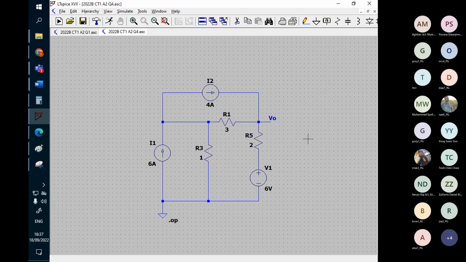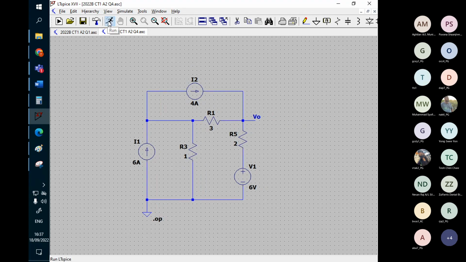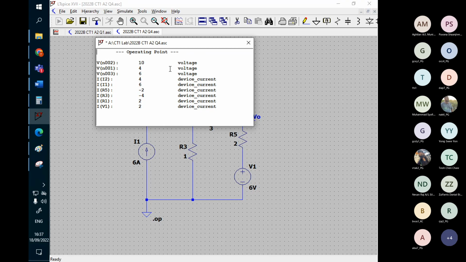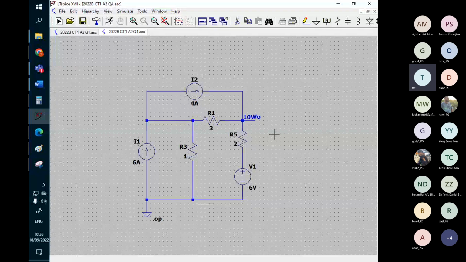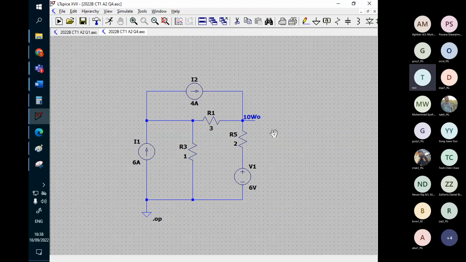Okay. Now let's run the simulation. So the V out, let's click on this node to find the V out. So it's 10 volt, right? You can see that. If you want to see for sure, press F7 and move the text away.